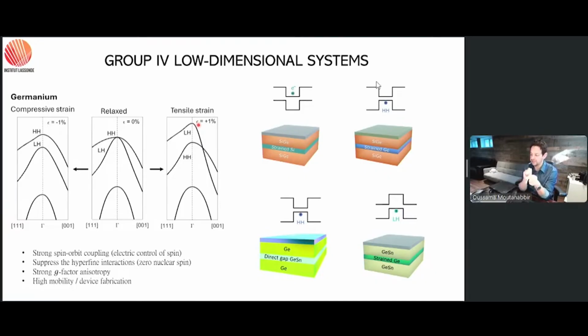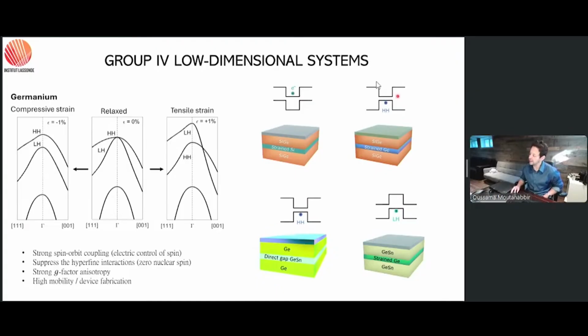So coupling to light is something that I will be addressing with you today. It can be done either with a light hole ground state or a heavy hole ground state. So I will show you how we make these materials and what is the rationale behind controlling the light hole confined state in germanium.